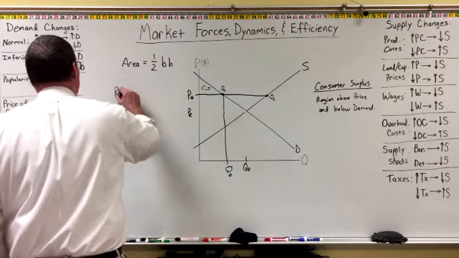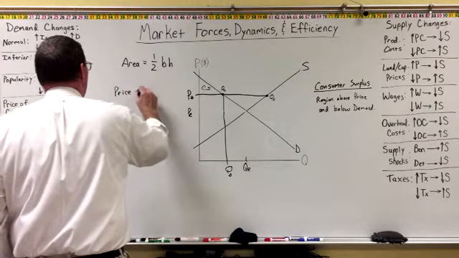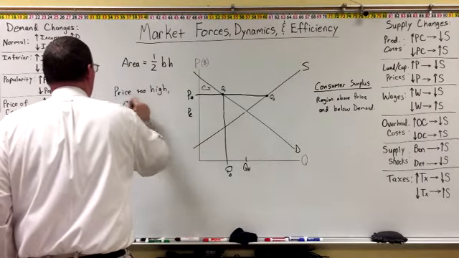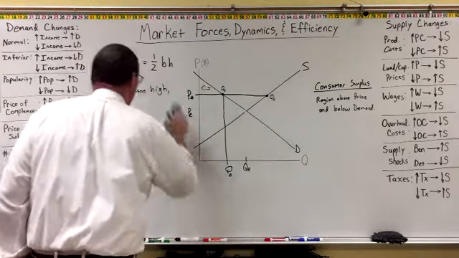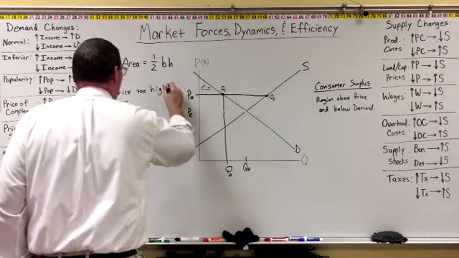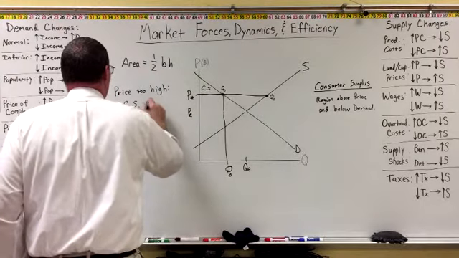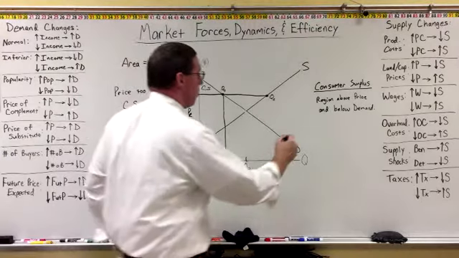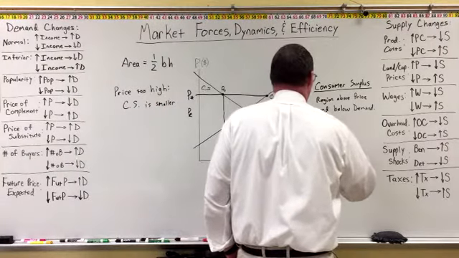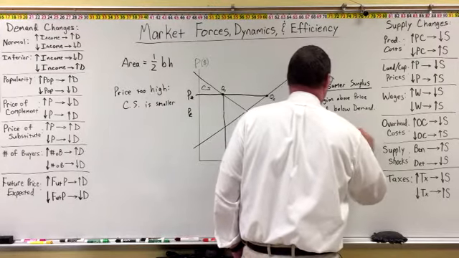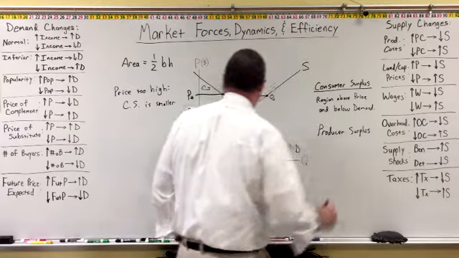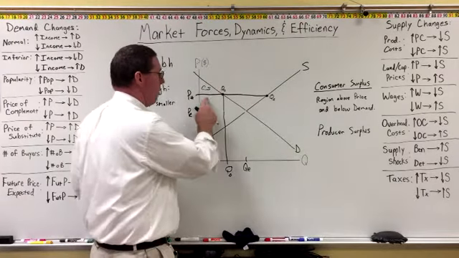Okay, so if the price is too high, let's put a colon here, because I'm going to put two things here. High price: consumer surplus is smaller. Now, producer surplus is the region bounded above by the price.